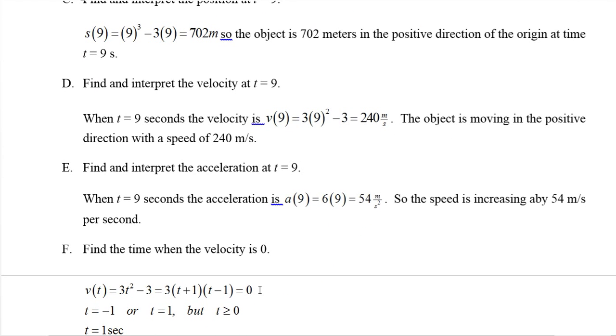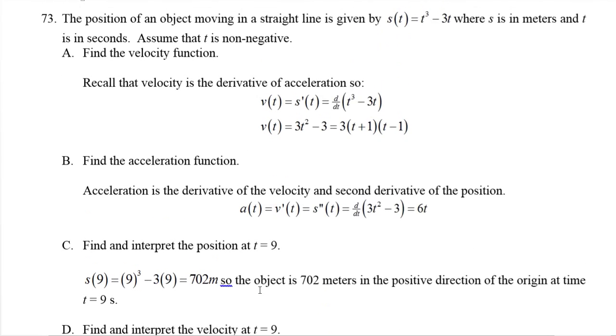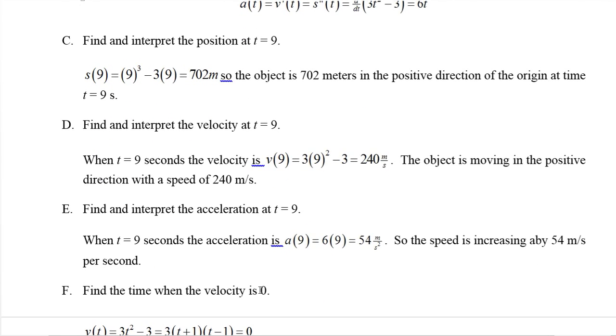Again, we take the formula we came up with for acceleration, 6 times t, and t is 9, so 6 times 9 is 54 meters per second squared. So the speed is increasing by 54 meters per second each second.